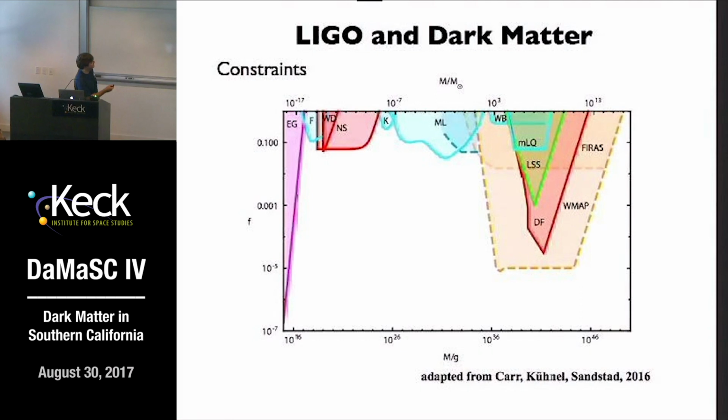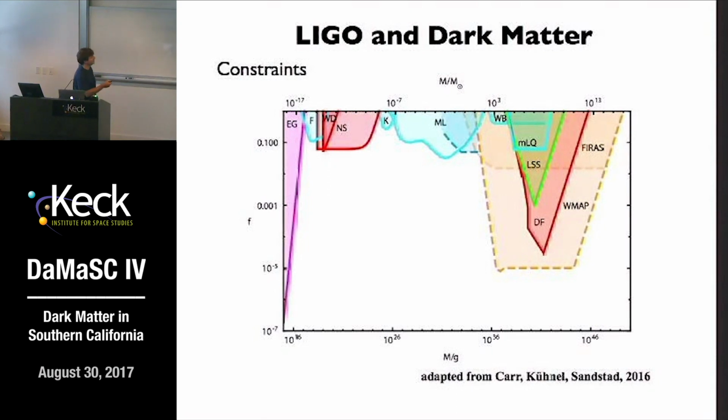So this is the mass in solar masses. Eventually, we were talking about 30 solar masses, which are somewhere out here. I hope that helps. So this is the mass in grams, the mass in solar masses, and this is the fraction of the dark matter made up by these black holes.